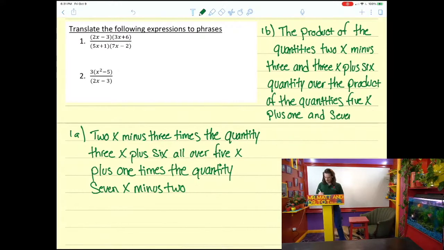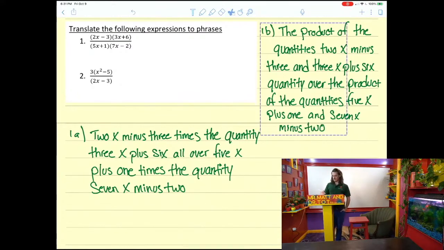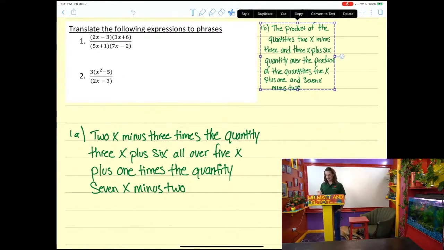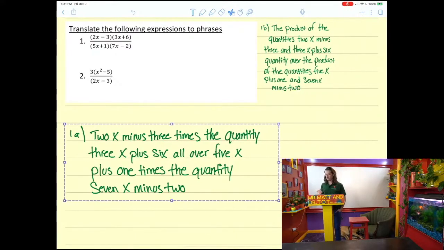Okay, if you have any questions about 1, then let me know. 2, we could also express this multiple ways, but I think that you got the gist from 1. But if you have any questions, then just let me know. If you want another example or another description of 2, then let me know.